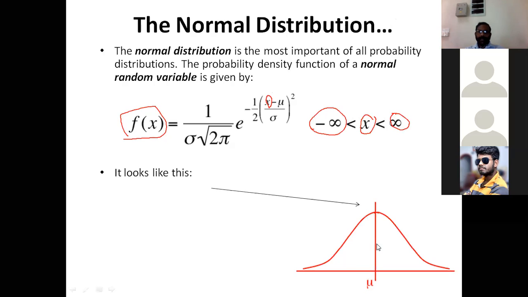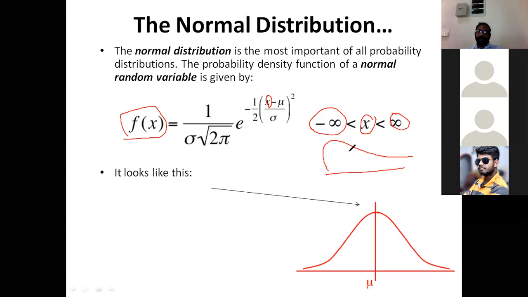Can you just tell me whether this distribution is symmetric or whether it is skewed? How do you call this distribution then?